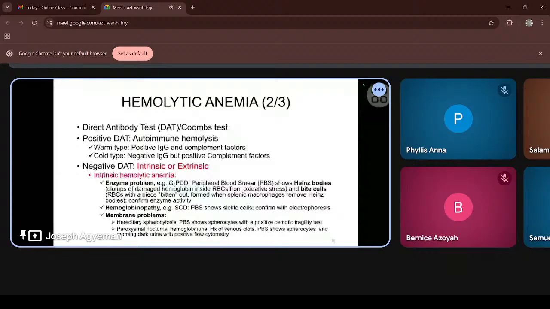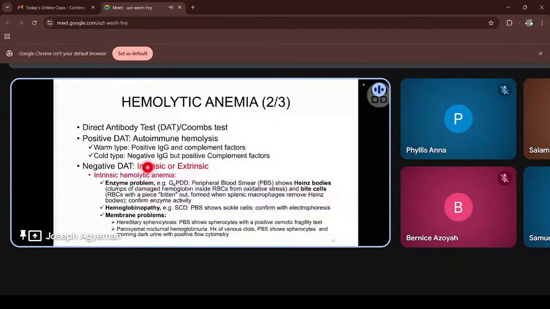And therefore, you are going to look after the non-autoimmune causes of hemolytic anemias. What are the possibilities? One, it could be due to a problem associated with the red blood cell itself. Or it could be that the red blood cells are perfect, but other problems, not the fault of the red cells, are leading to the hemolysis.